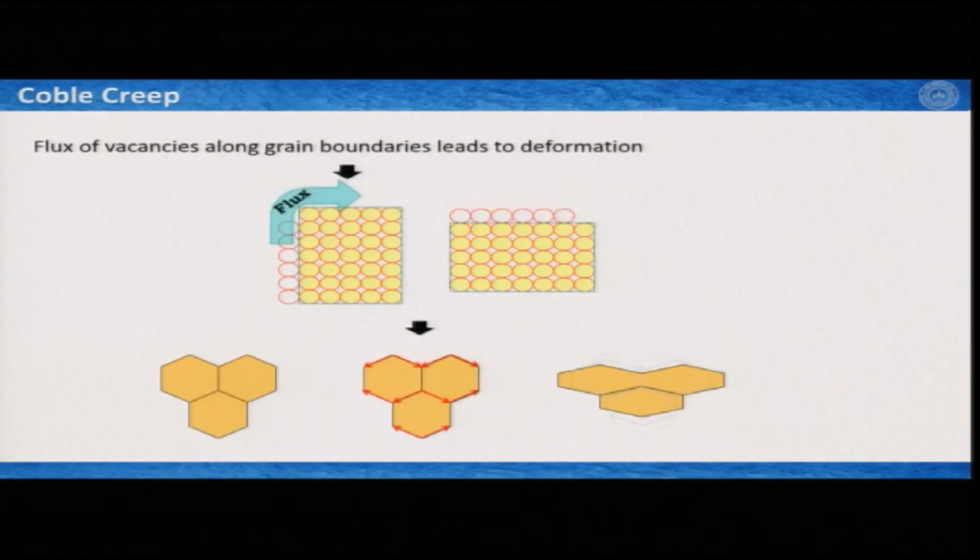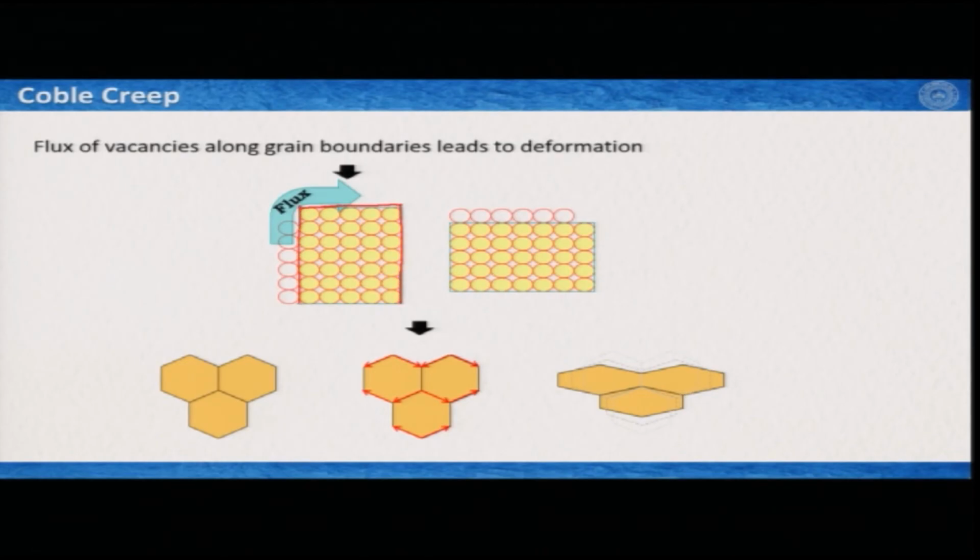Now, in Coble creep, instead of moving these atoms or vacancies through the crystals, they move along the boundary of the grain. It does not matter how they are moving, we more or less achieve a similar shape, but the mechanisms are different.